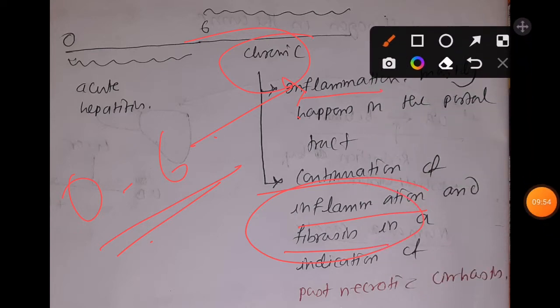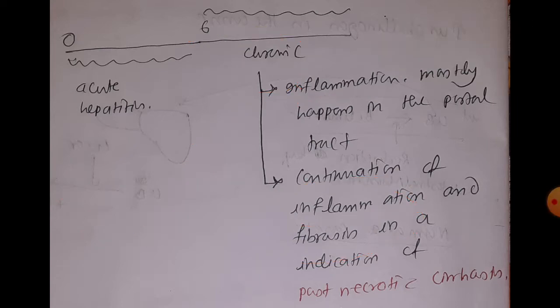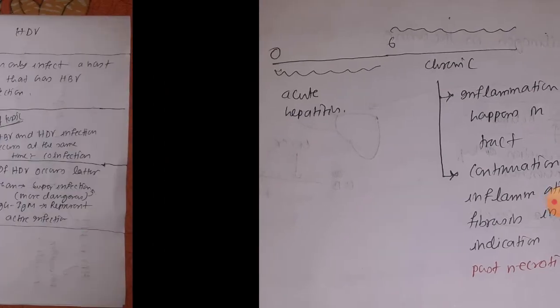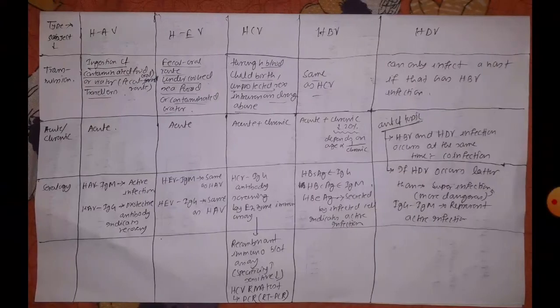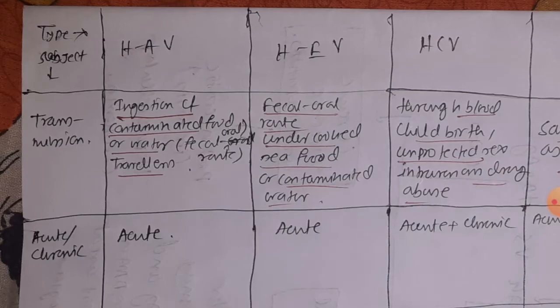Okay, and also hepatocellular carcinoma, that is known as liver cancer. Okay, so why? We are going to discuss that within a minute. I will discuss this after some time, then it will be easy for you to understand.